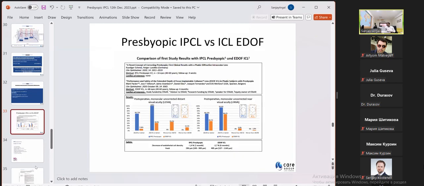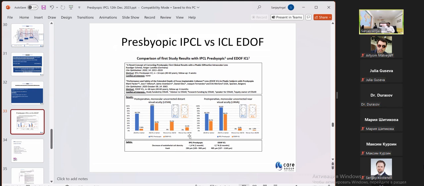So this is about the comparison of the presbyopic IPCL and ICL EDOF. Здесь представлено сравнение пресбиопической IPCL и внутриглазной линзы EDOF. So this doctor, I think he's a German doctor, conducted a study comparing presbyopic IPCL and ICL EDOF. EDOF линза была ICL другой.